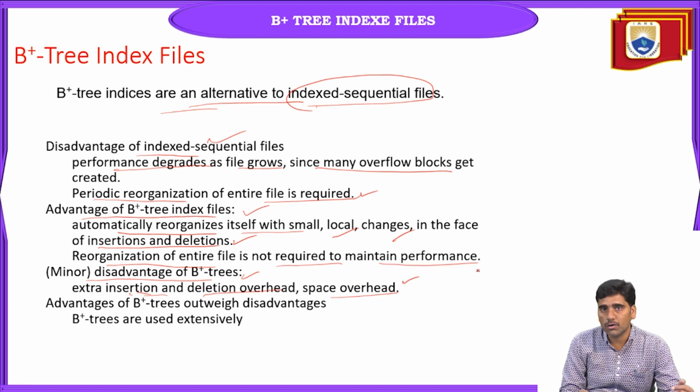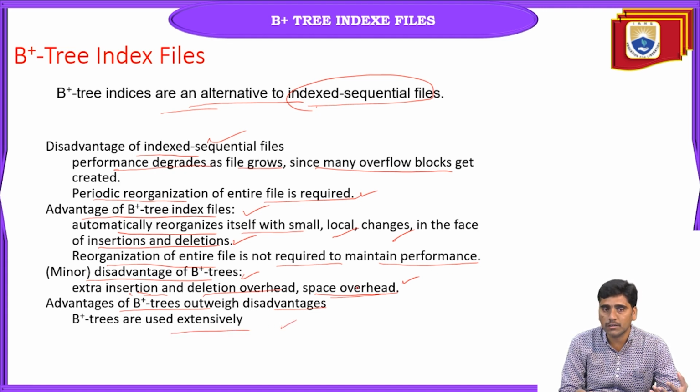The disadvantages are extra insertion and deletion overhead, and space overhead also. The advantages of B plus trees outweigh the disadvantages, so they are used extensively.